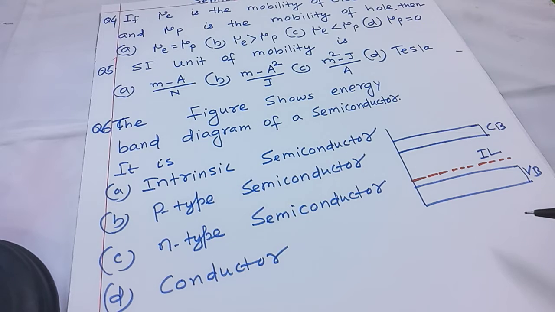Now, when you add an impurity to an intrinsic semiconductor, impurity levels are formed. For N-type semiconductors, you add pentavalent impurities, and the impurity level is formed just below the conduction band.